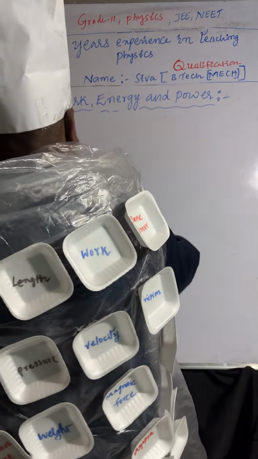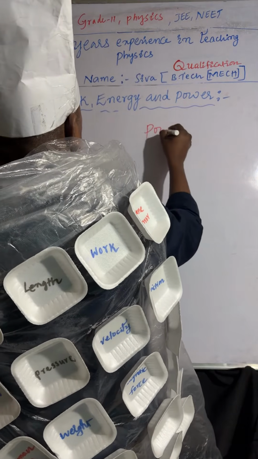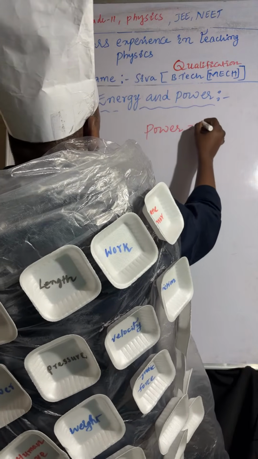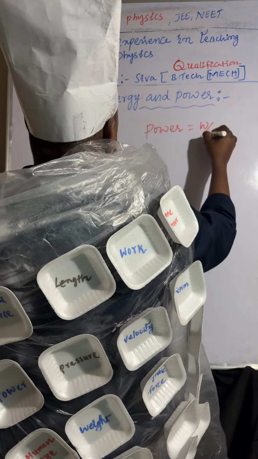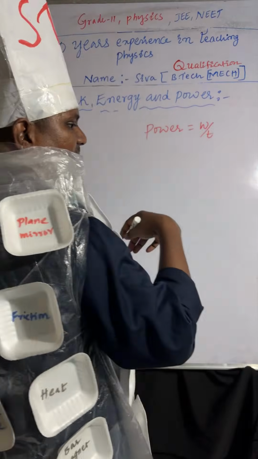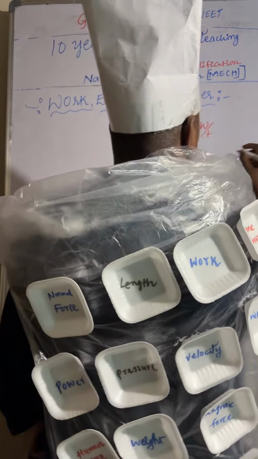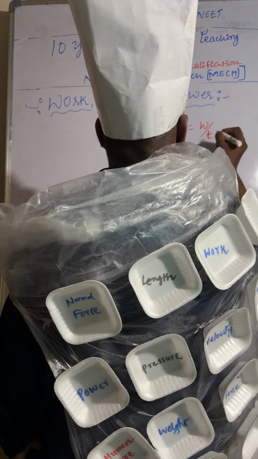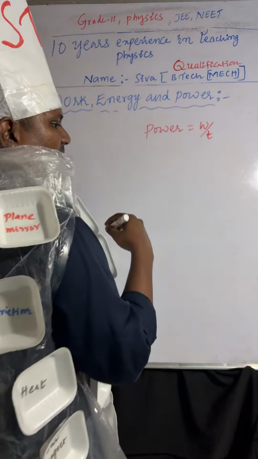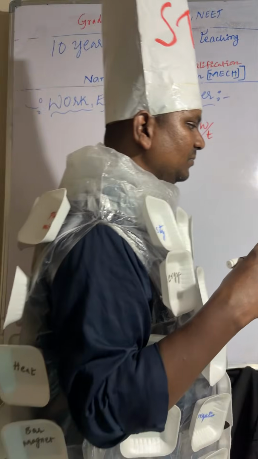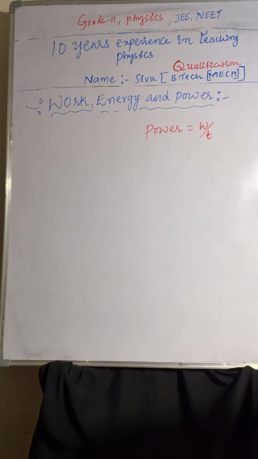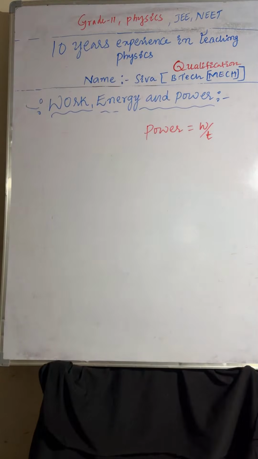SI unit of power is what? Is it clear? 1 horsepower equals 746 watt.